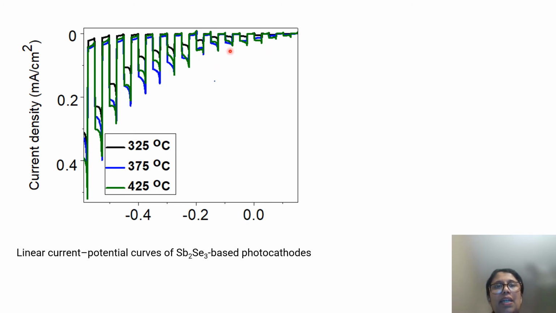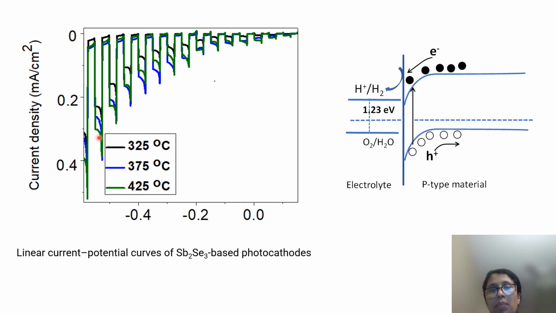There is an increase in cathodic current under illumination, showing that the injected carriers are electrons, confirming the p-type conductivity of the material.